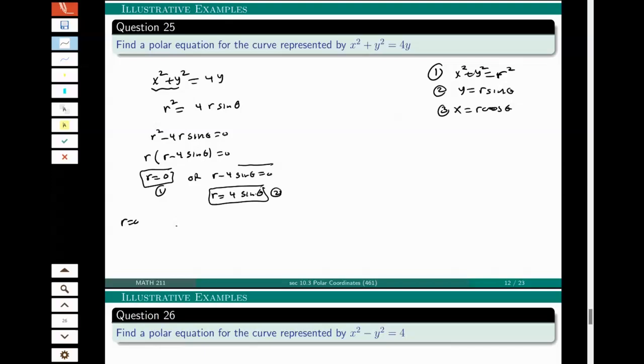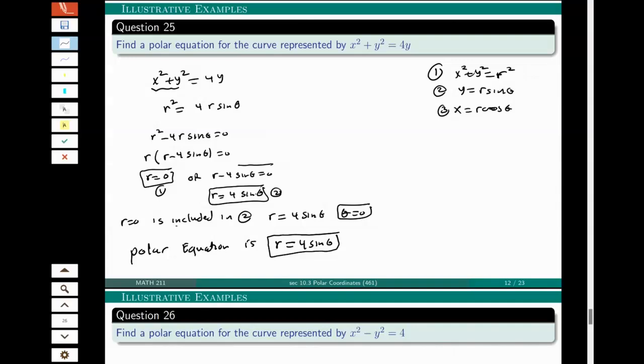I claim r equal to 0 is included in 2, which is r equal to 4 sine theta, and that is when theta is equal to 0. So the polar equation is simply only r is equal to 4 sine theta, because this is for all angles. Okay, this is equivalent to that one.